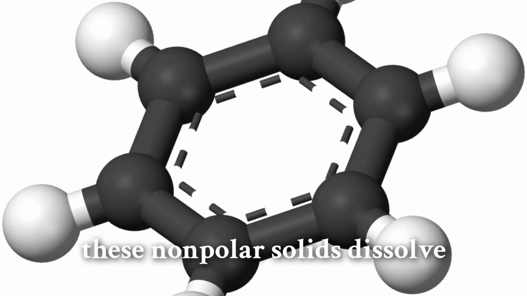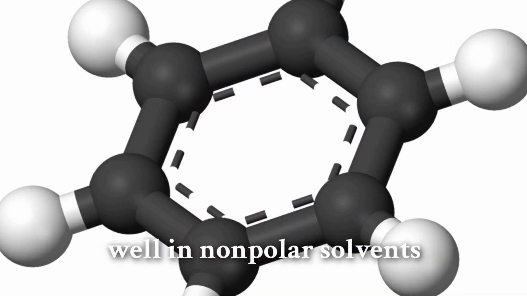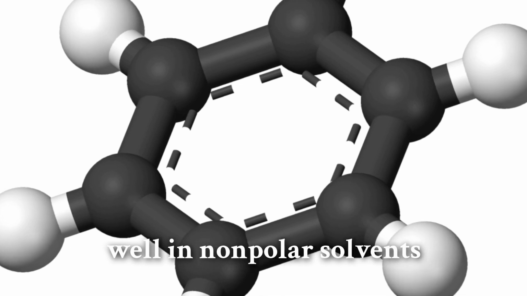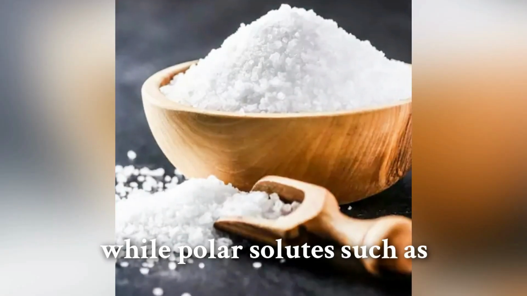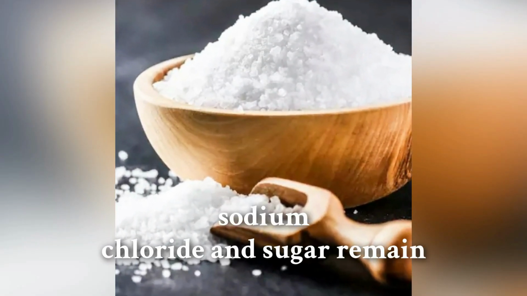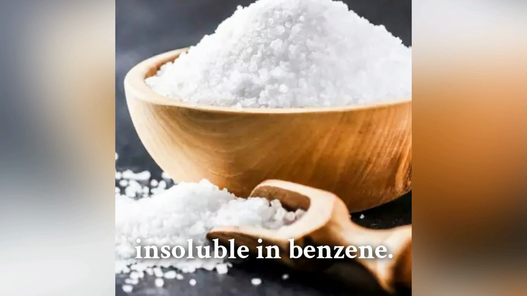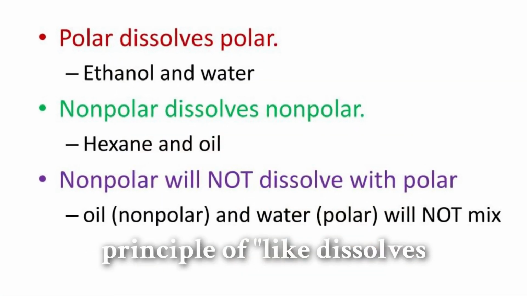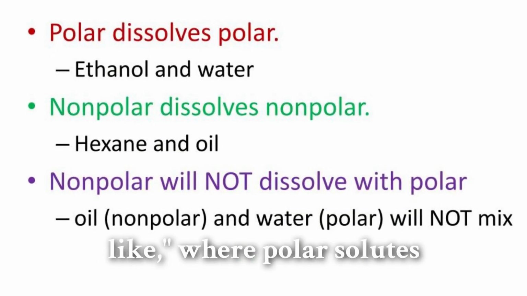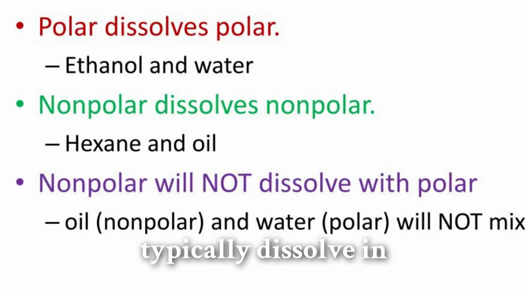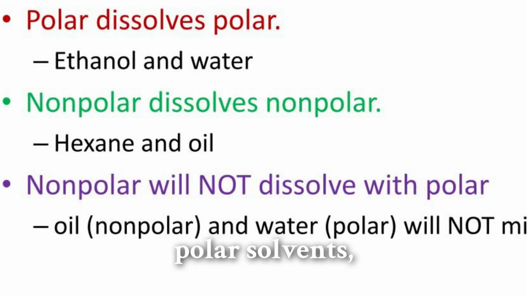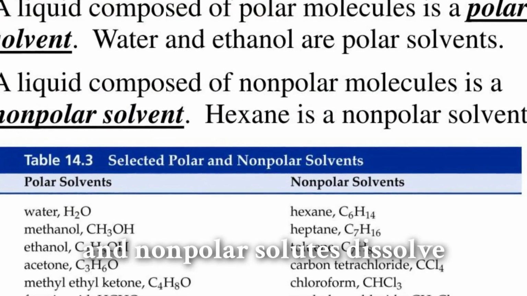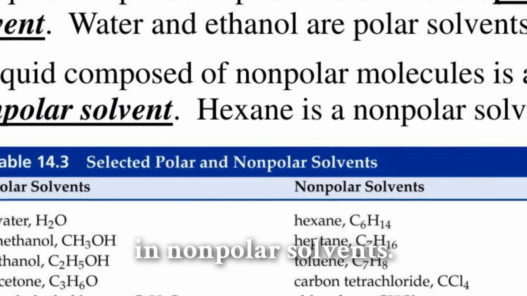Interestingly, these non-polar solids dissolve well in non-polar solvents like benzene, while polar solutes such as sodium chloride and sugar remain insoluble in benzene. This behavior illustrates the principle of like dissolves like, where polar solutes typically dissolve in polar solvents and non-polar solutes dissolve in non-polar solvents.